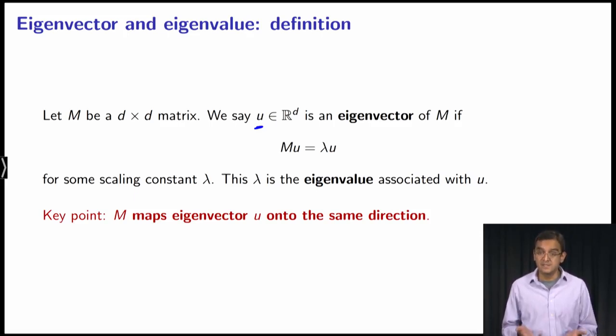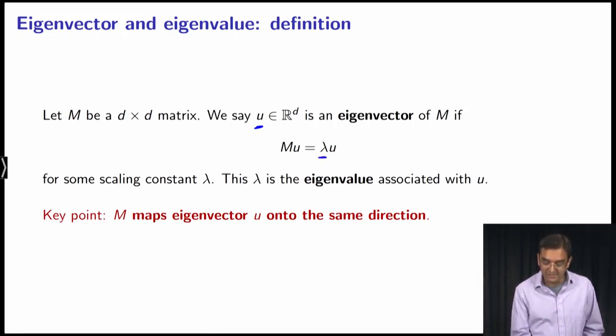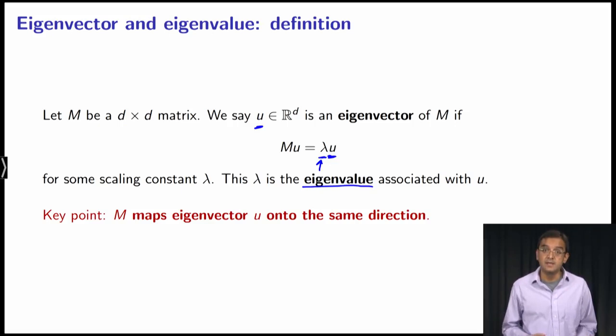In some sense, this means that U is a natural direction for M. M keeps U in exactly the same direction. M times U is just a scaling constant times U. And the scaling constant is called the eigenvalue associated with that particular eigenvector U. So eigenvalues and eigenvectors come in pairs.